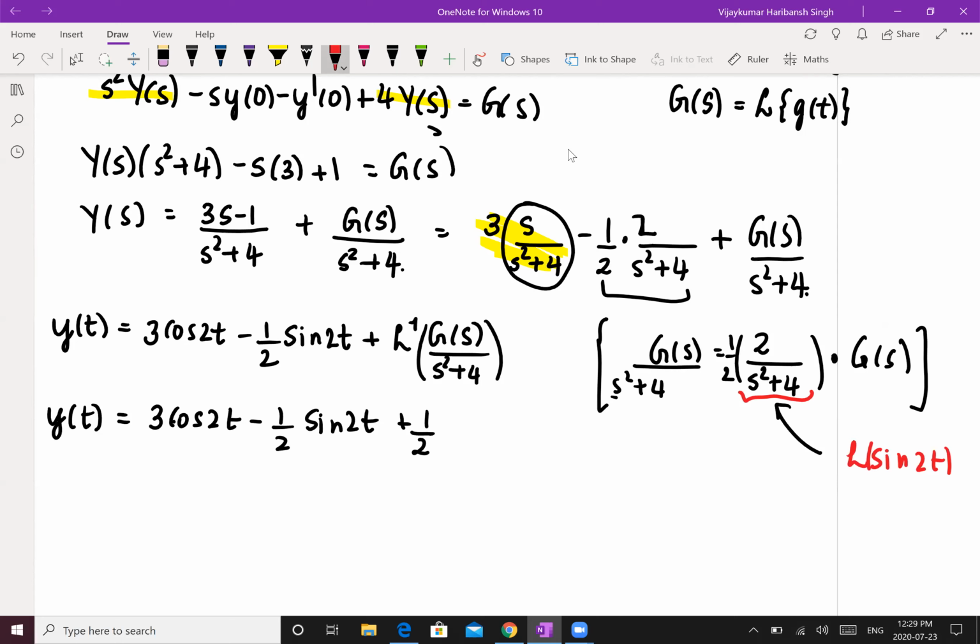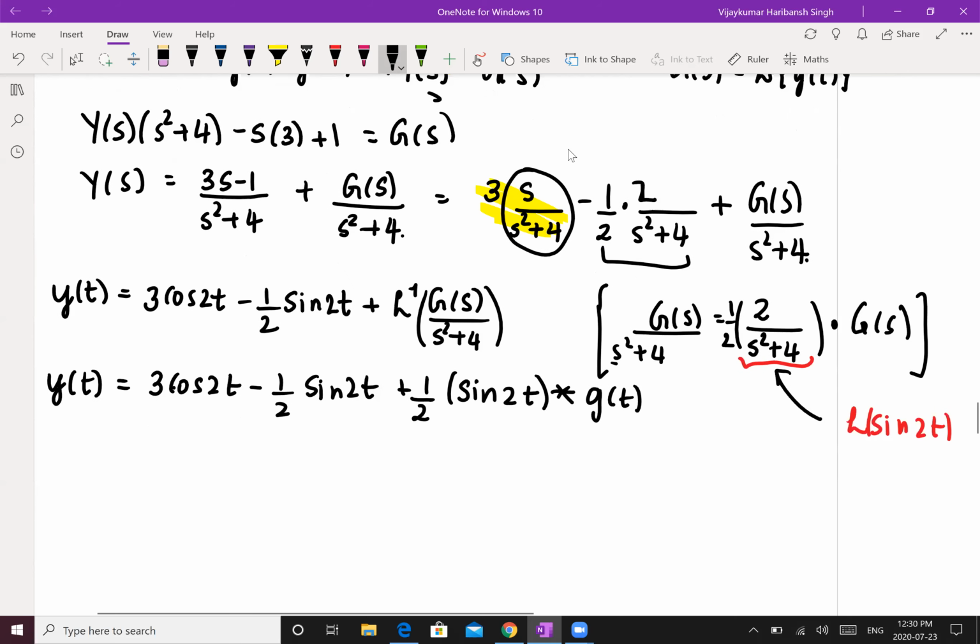So just this part. Now this will become the integral from 0 to t. What are the two functions? One function is sine of 2t. I can write this as f star g, that is, in brackets, sine of 2t star times g of t.